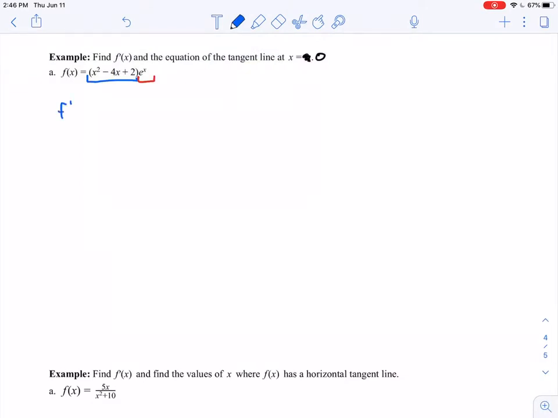So f prime of x: the derivative of x squared minus 4x plus 2 is 2x minus 4, times e to the x, plus (the product rule is addition here) x squared minus 4x plus 2, which we leave alone, times the derivative of e to the x. Well, the derivative of e to the x is just e to the x.